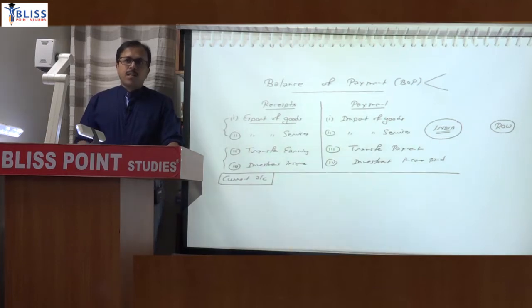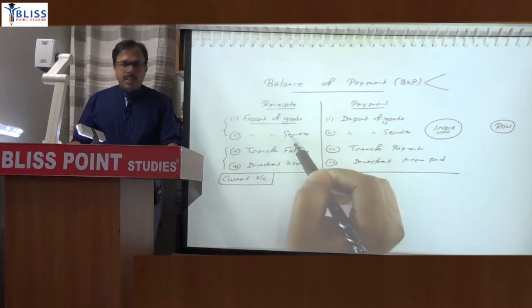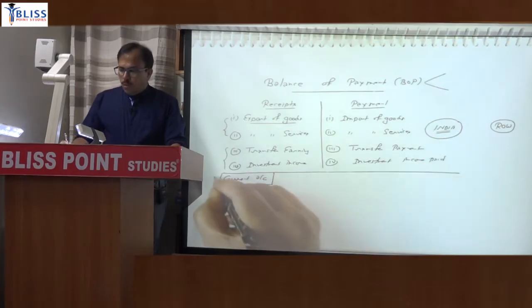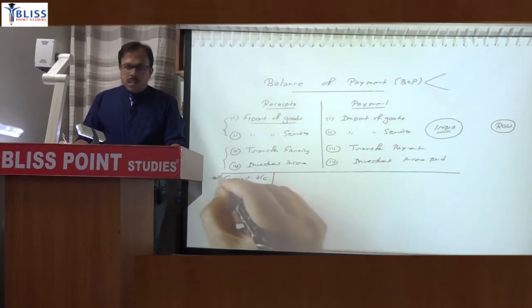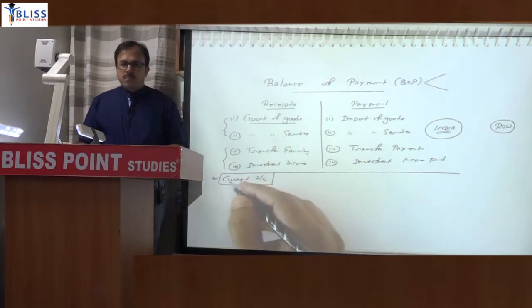So current account deficit implies that the payment side is greater than the receipt side. And the current account could be in surplus when the receipts are greater as compared to the payment side. Clear?